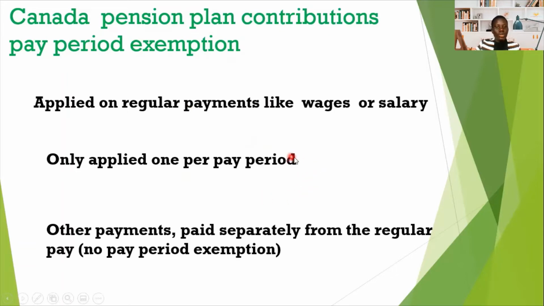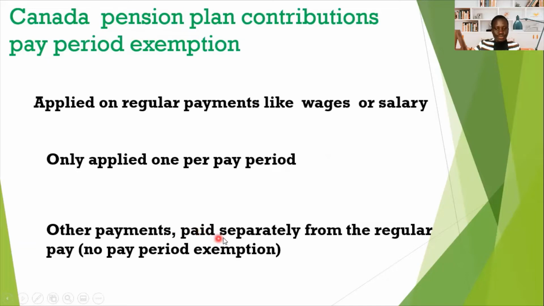So this only applies once per pay period. If you understand these two concepts, you won't be confused when you get the question to answer. You will remember, oh, this one was already exempt, so I'm not going to apply the exemption again. And this one is a commission paid after this time, so it does not need exemption.